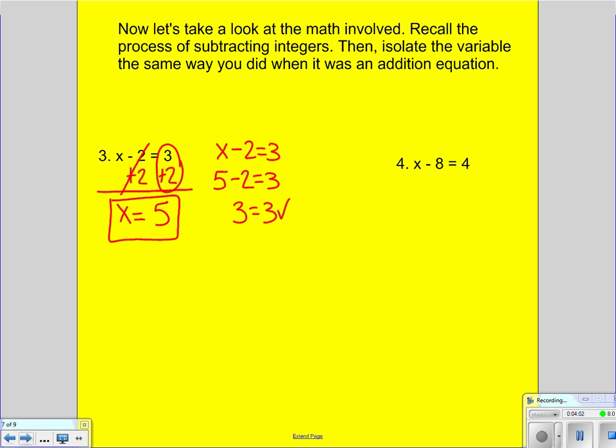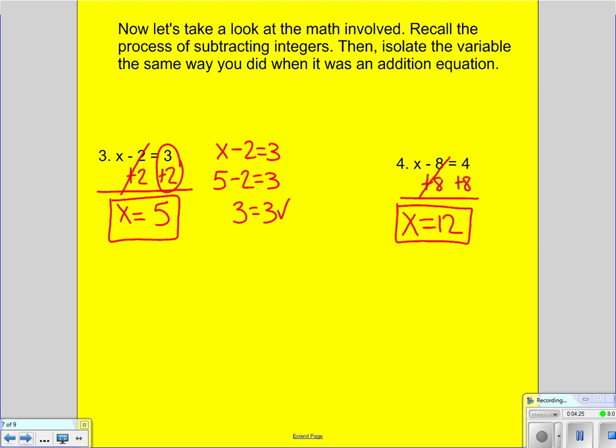All right, let's look at this next one. What's the additive inverse of minus 8? It is positive 8, or plus 8. These will cancel out. Bring down my x. 8 plus 4 is 12.